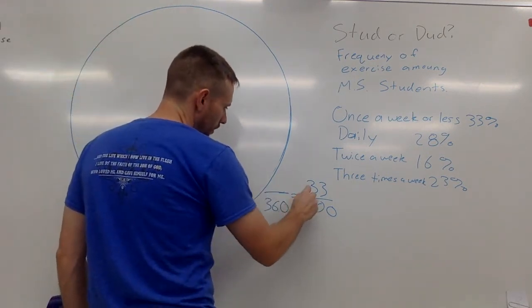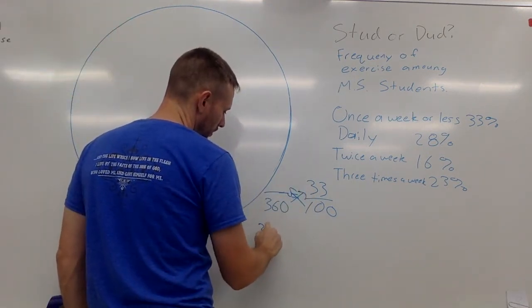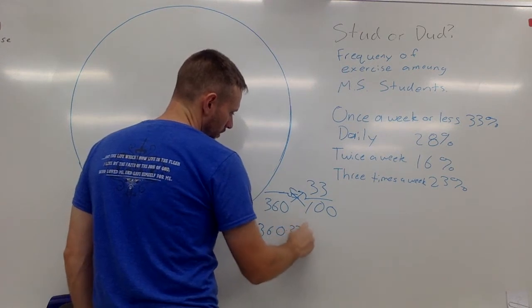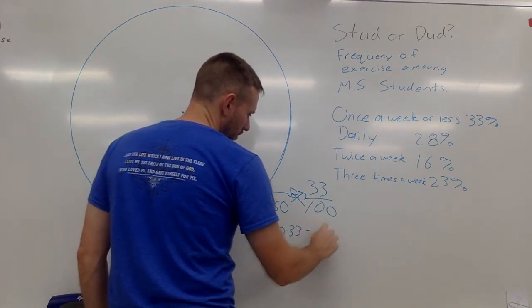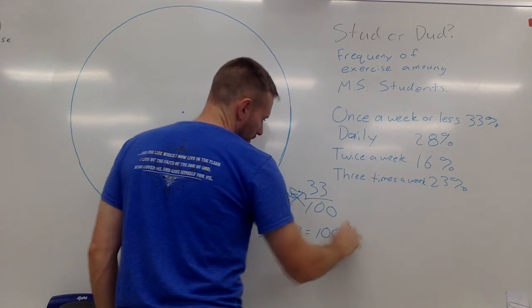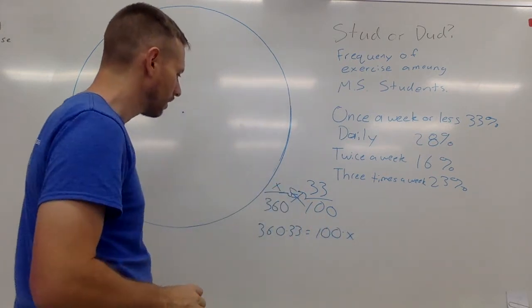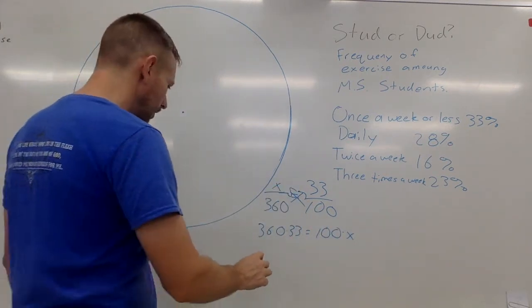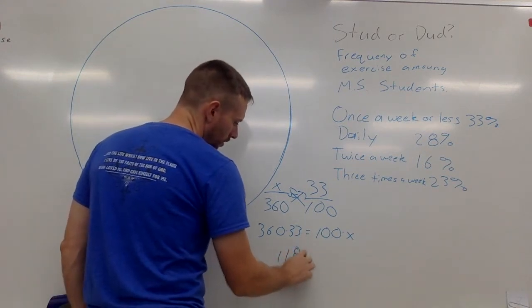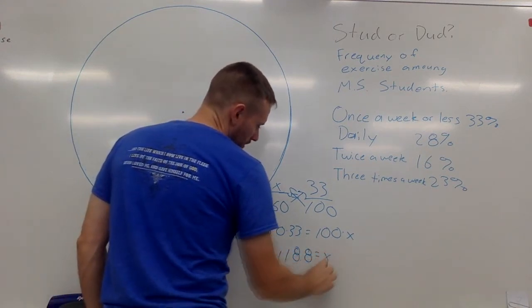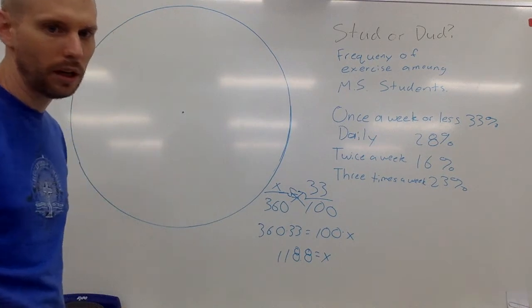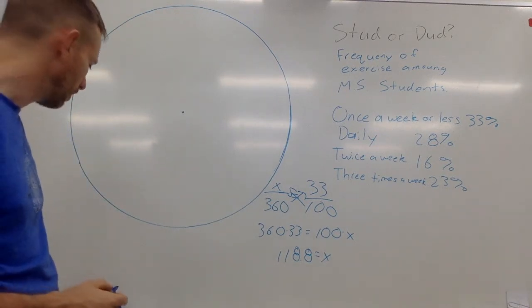Remember, this is cross products. If I solve that, I get 118.8, so I'm going to round that to 119.